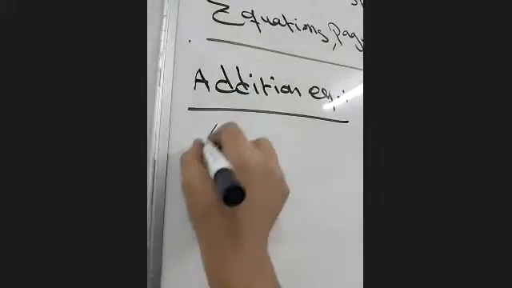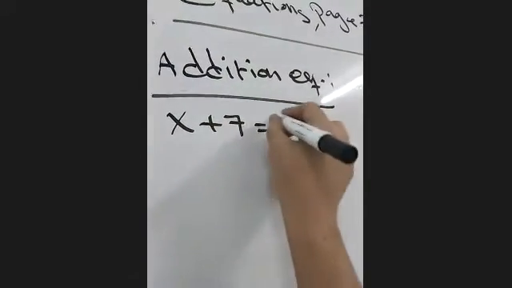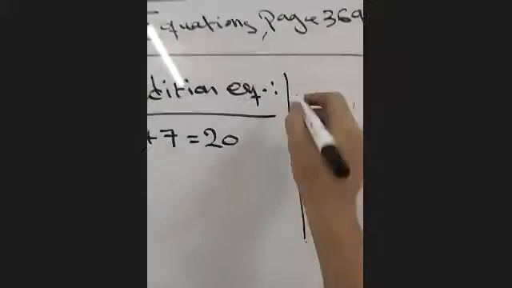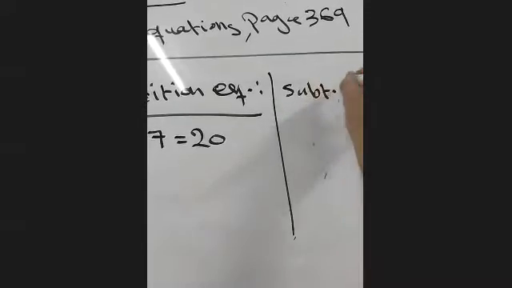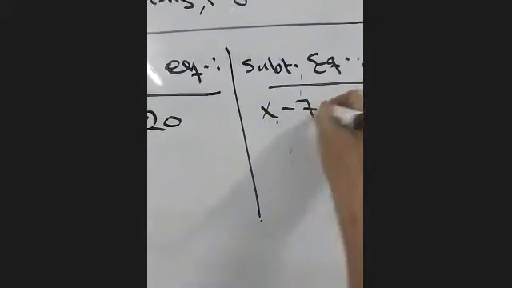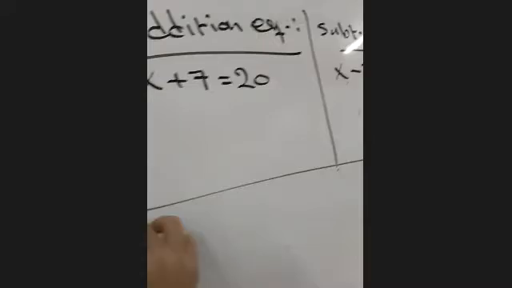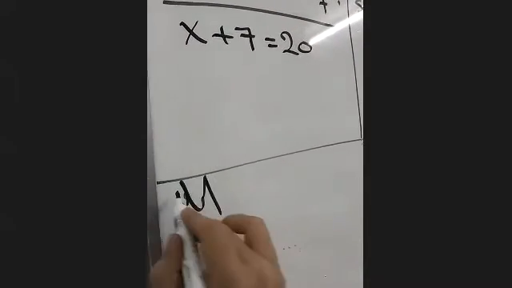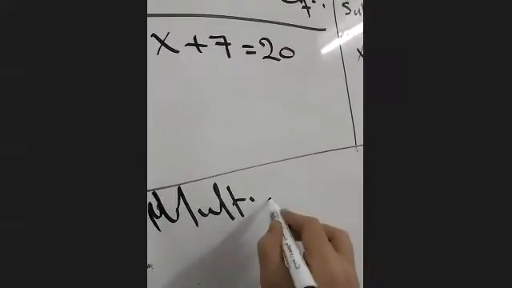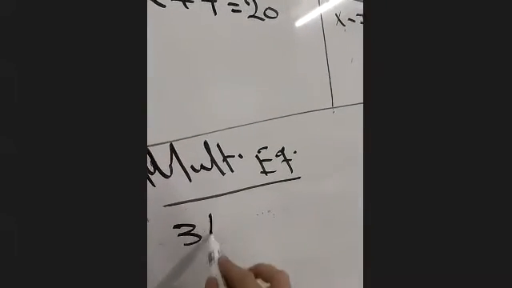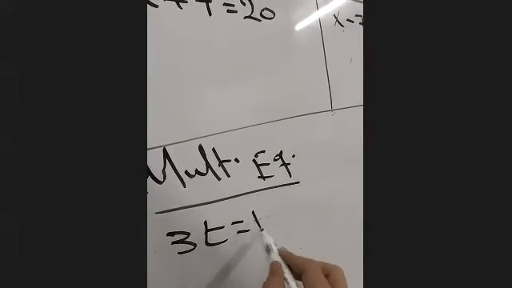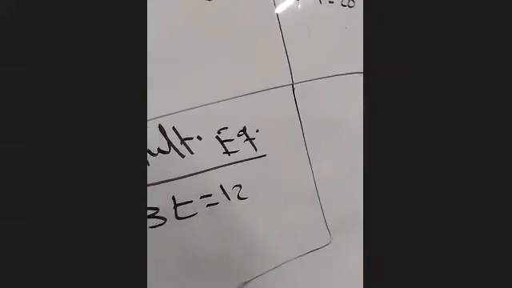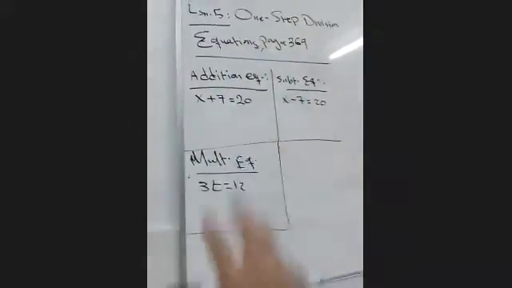Addition equations like x plus 7 equals 20, subtraction equations like x minus 7 equals 20, and multiplication equations, something like 3t equals 12.